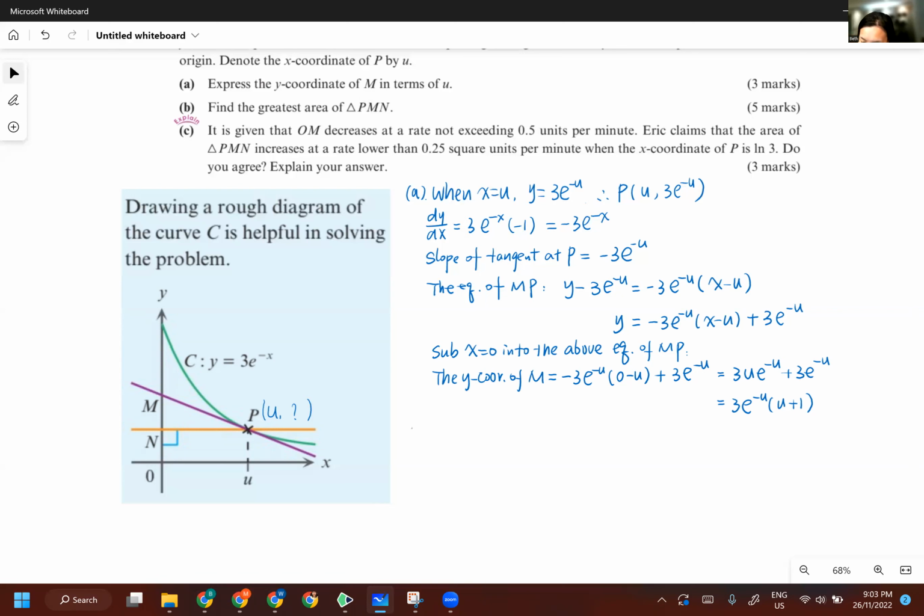B. Find the greatest area of triangle PMN. Let the area of triangle PMN be A. We already know A is a function of u, so I'm going to write A(u).